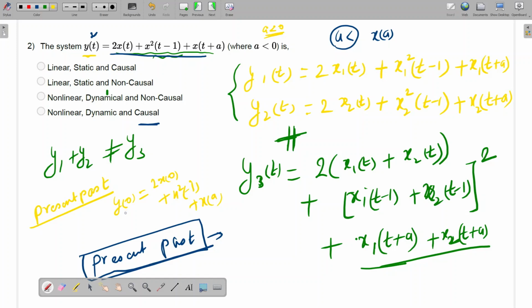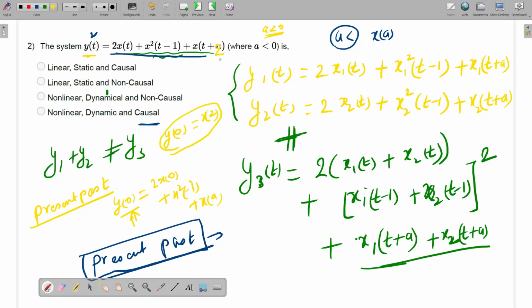It means the output at 0 is not depending upon the future input. All are past inputs. If a were 2, then in place of a, putting 2, y of 0 will be x of 2. That will be non-causal, because it is depending on the future value.